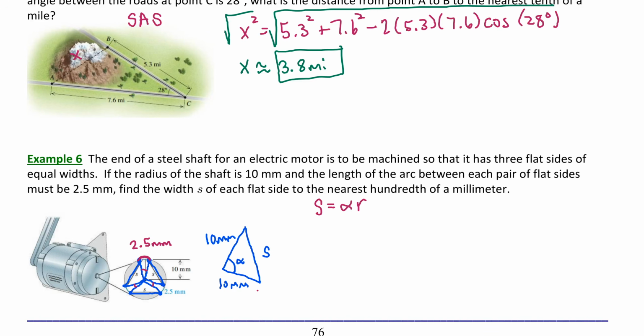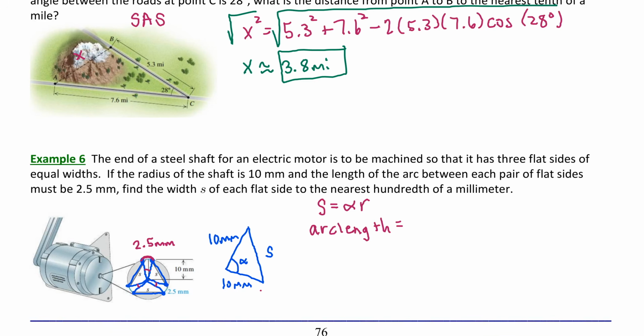Now, we don't want to confuse this formula with the S and alpha that we've denoted for this specific problem. So S again is the arc length, alpha is the angle in radians, and R is the radius of the circle.